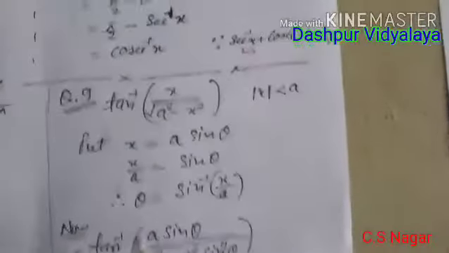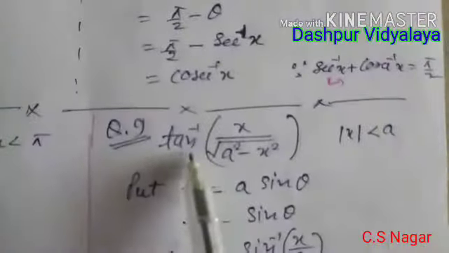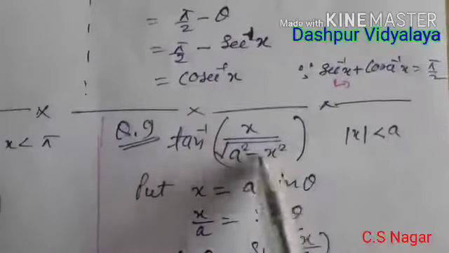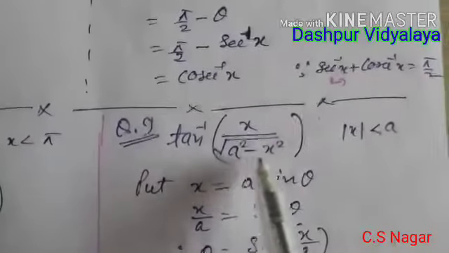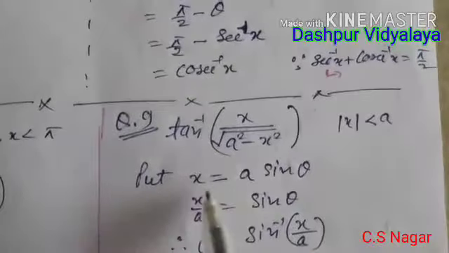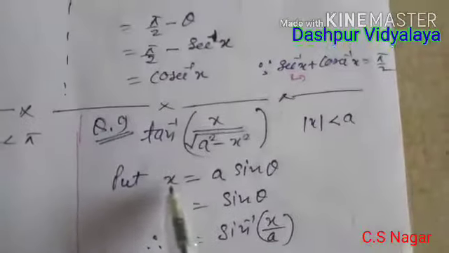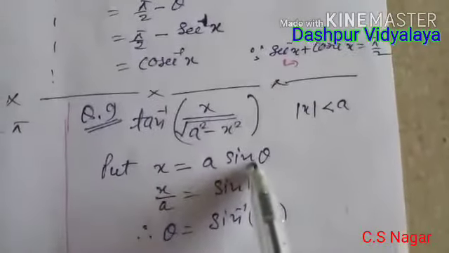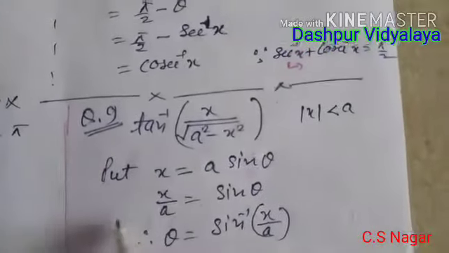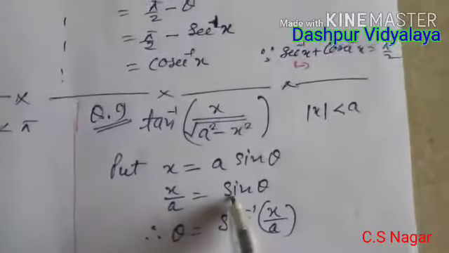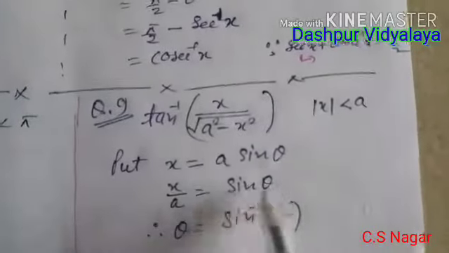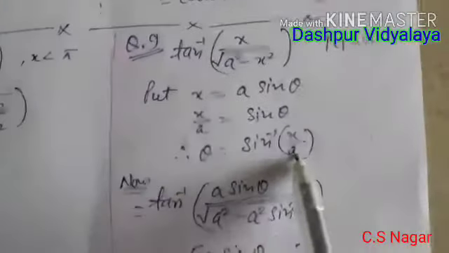Now question number 9. Tan inverse x upon under root a square minus x square. So in this case, put x equal to a sin theta. A transferred to the left side, so x upon a is sin theta, or theta is equal to sin inverse x upon a.